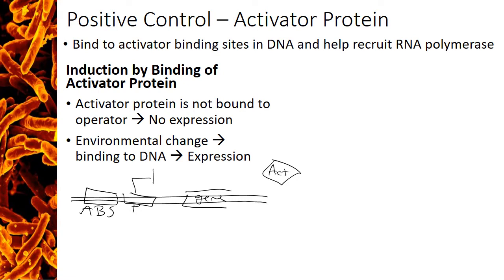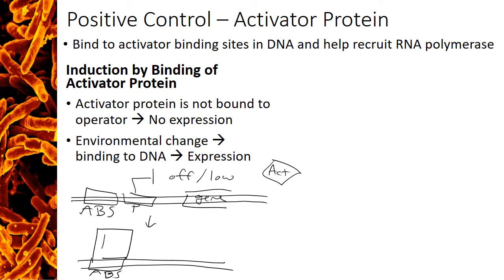And this means we're not getting any expression here. So this gene is off, or sometimes it is low expression, where we get a little bit, but not a whole lot. Then the environment changes, and then something happens that allows the activator protein to now come over and bind to that activator binding site.